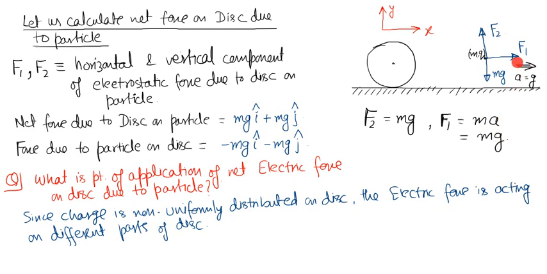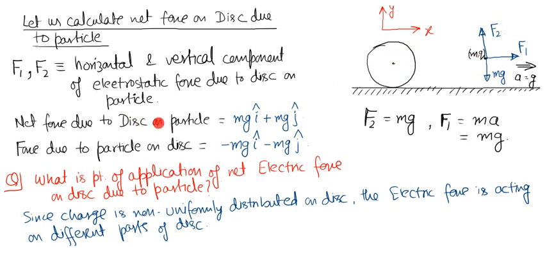So I can easily calculate the net force which the disk is exerting on the particle, and this force is purely an electric force, exerted on the particle because the disk has charge on its surface, and that charge is exerting electric force on the particle.